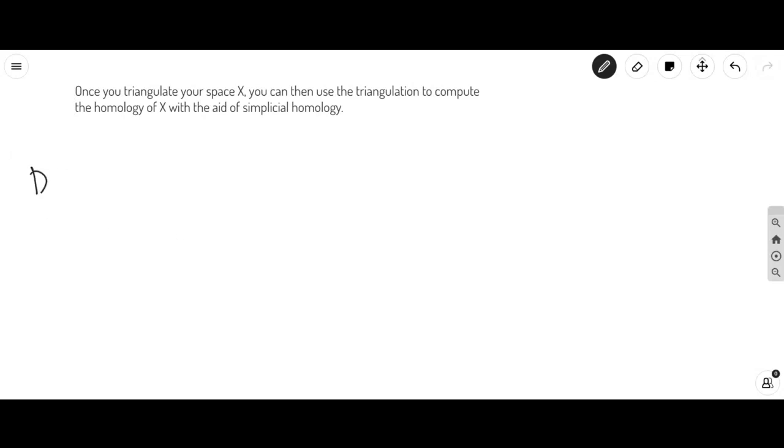So maybe we make this definition. Say X is triangulated in some way.